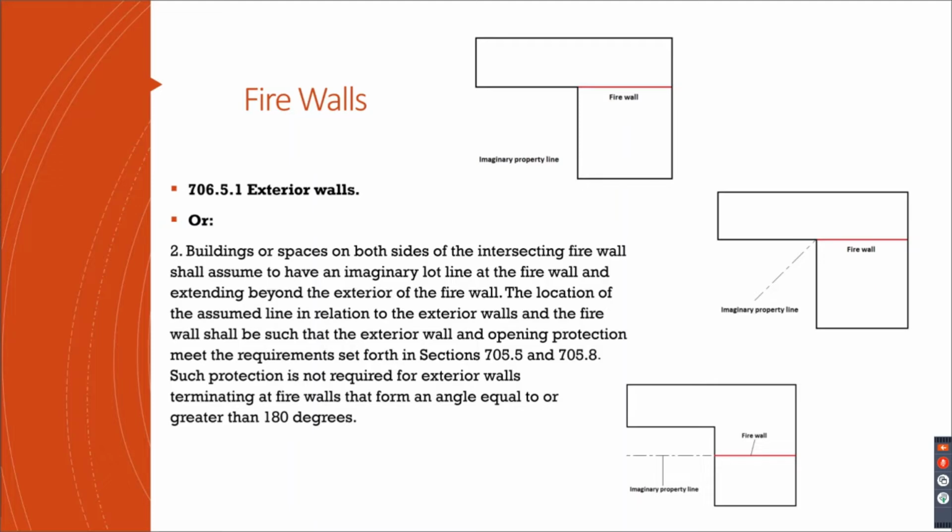Such protection is not required for exterior walls terminating at firewalls that form an angle equal to or greater than 180 degrees. So these examples are giving you exception number 2: what happens when you've got exterior walls adjacent to this firewall, and again, you have to have an imaginary property line to determine where that goes and how that's protected.